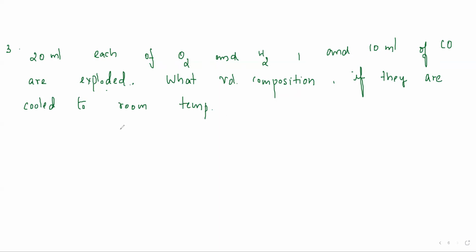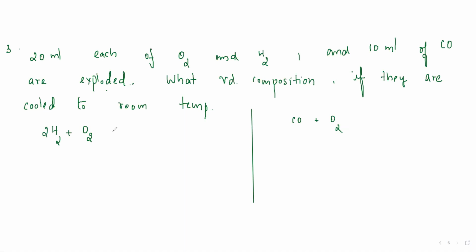Now, first of all, let us write the equation. Point number 1, there are two reactions taking place here. One, you are exploding hydrogen with oxygen. Also, you are exploding carbon monoxide with oxygen.